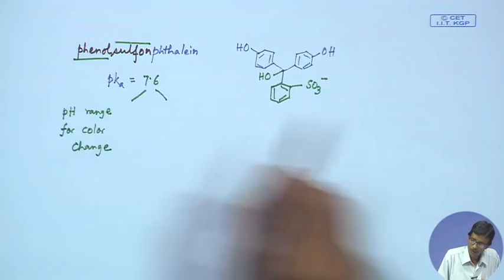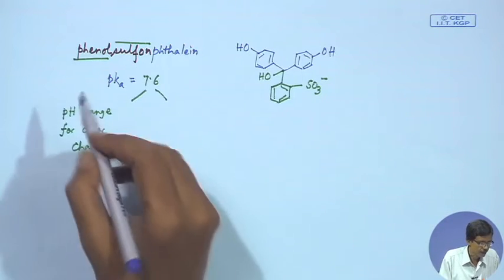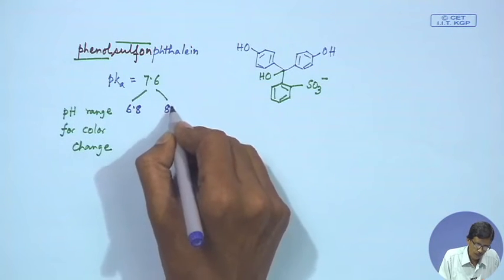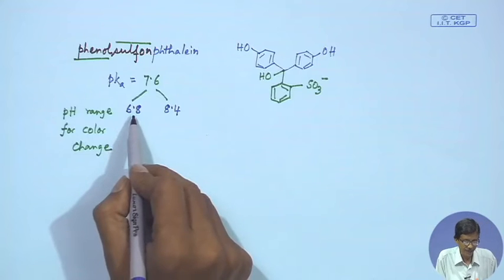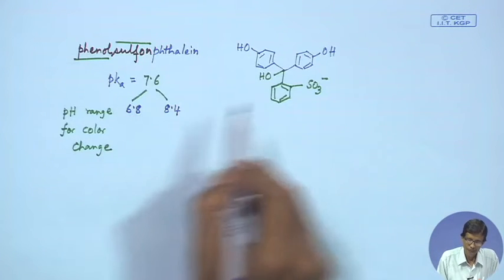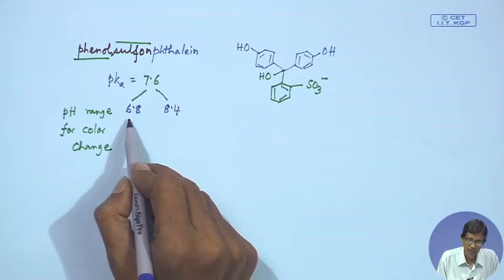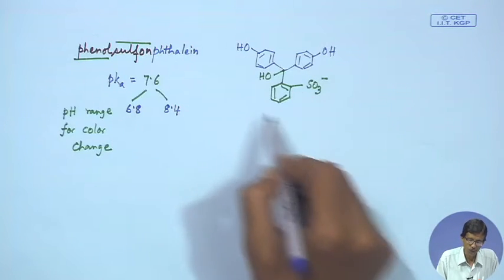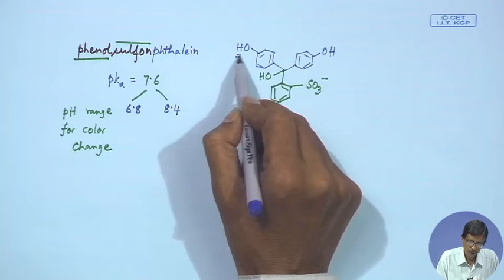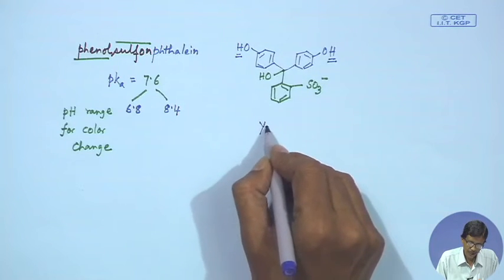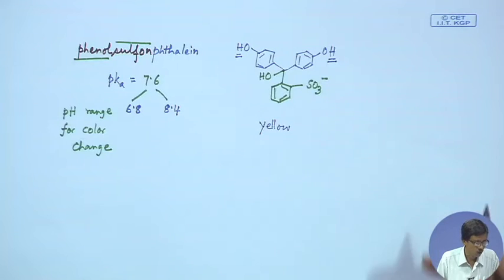In this particular case the pH range is 6.8 to 8.4. When the pH is less than 6.8, the molecule in solution shows its acidic form, the phenol form, and this acidic form has a yellow color.